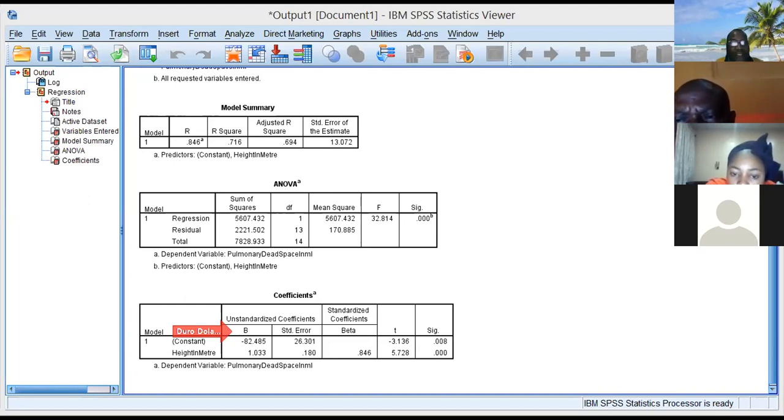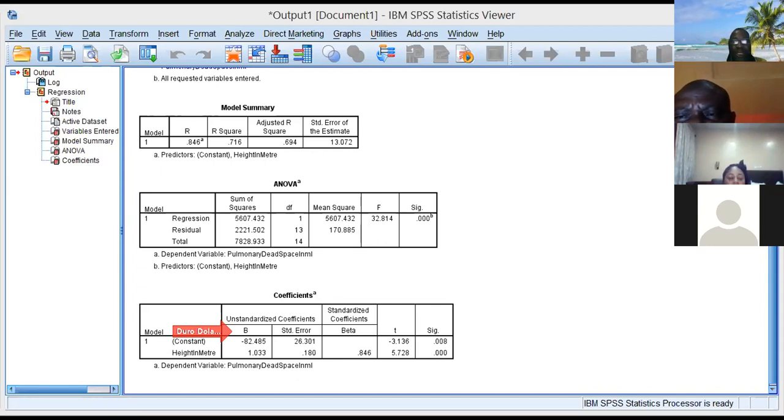Now, you will not see the next one, height in meter, because it's simple regression. It's only one variable, only one exposure variable. So the regression coefficient is 1.033 we got, the answer to your Q1. Then you will see the standard error.